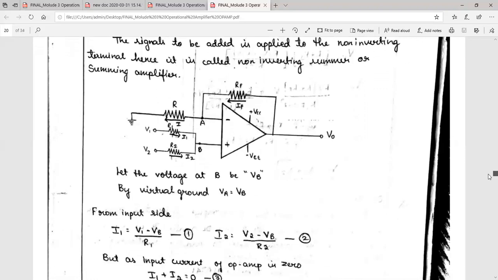So if I apply KCL at this particular node, IF is equivalent to I. Current entering the node is equivalent to current leaving the node. So we'll see those particular calculations.